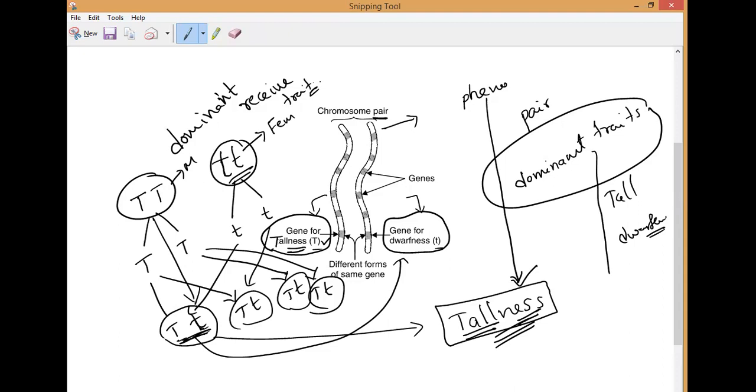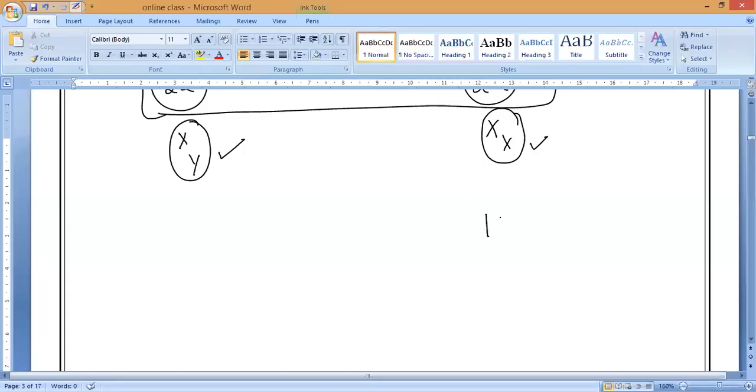Finally, I am saying, try to understand that whatever characteristic is developing in the offspring is responsible for by one pair of chromosomes.